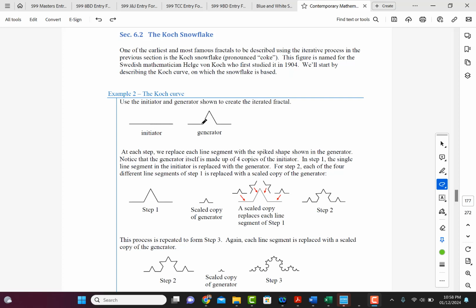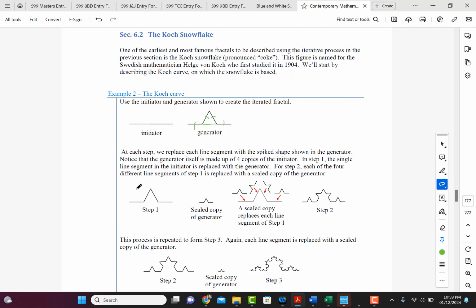We take the middle third of the segment, and we replace it with an equilateral triangle, so that we now have 4 line segments that form an equilateral triangle, if you will, with these 2 line segments. So we actually have 4 line segments that are all the same length. And so that's the way we generate the Koch curve.